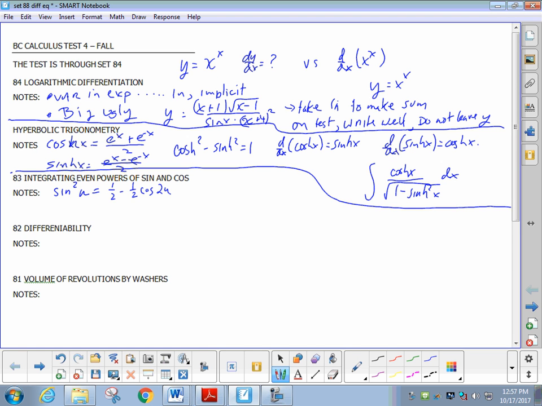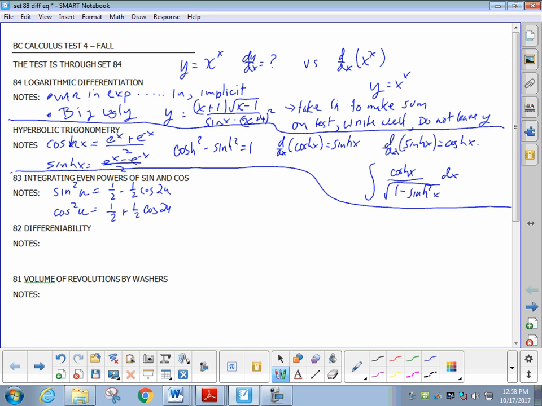Whatever the angle is in the square, it's double that angle when you replace it. So if it was sine squared of 3x, then over here it would be cosine of 6x. Okay? What's the cosine squared identity? It's 1/2 plus. It seems like cosine is always plus, again, just like before in the cosh it was plus.